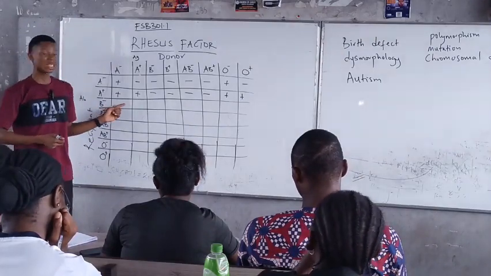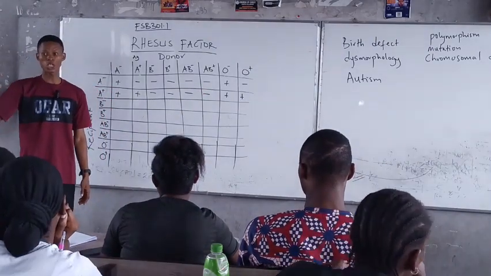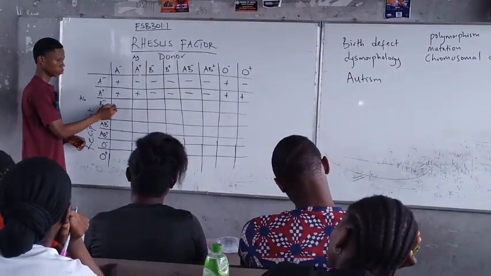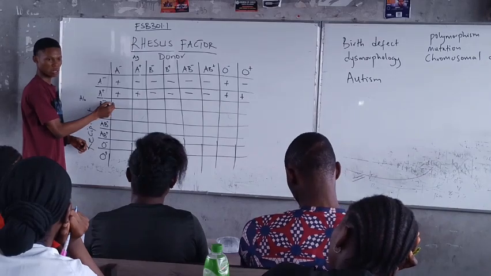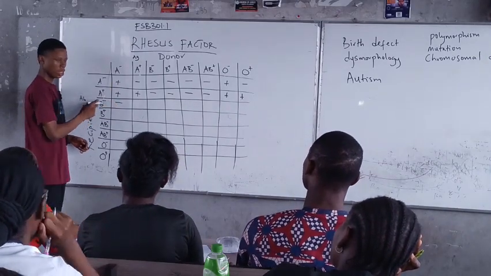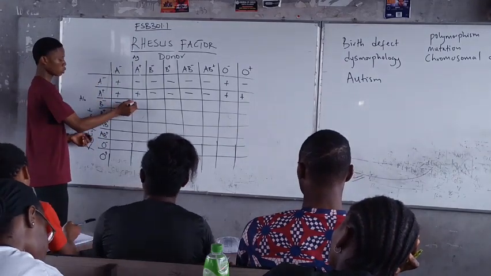Now I'll do this one as the last line and you complete the rest for me as your second CA. Plus or minus? A and B, once you see A and B now, you should not even check the rhesus factor again. Plus or minus?